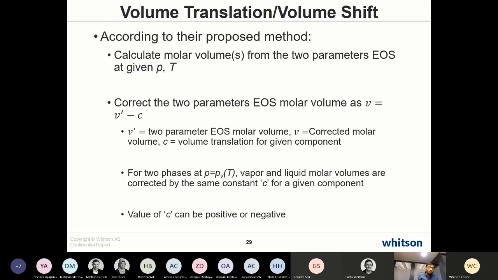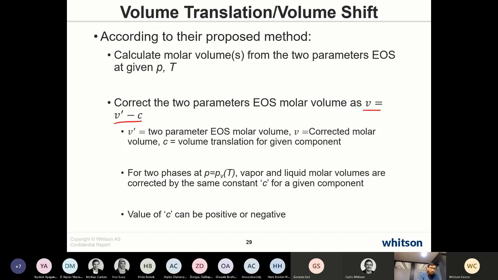So what they propose for this volume shift, or for correcting the densities, is that you can calculate all your molar volumes with your 2-parameter cubic equation of state model at any given temperature and pressure. Meaning that you just do your EOS calculations the same way as we were doing before, and then once you finish your cubic equation of state calculation, you just correct the molar volume by this simple term here.